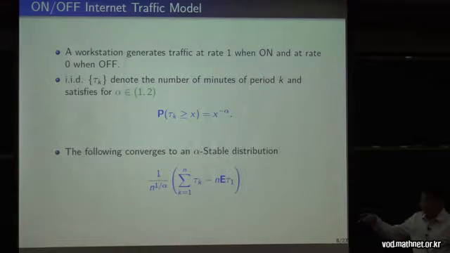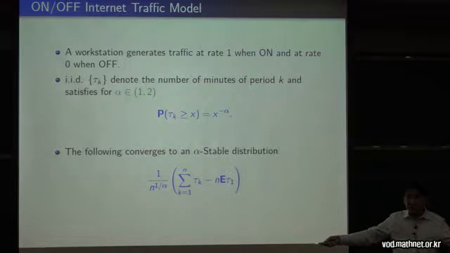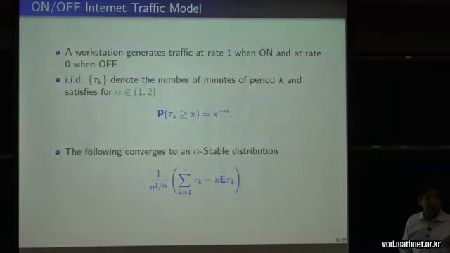So if we sum up the times that you're using this computer and we properly normalize, then this should converge to a stable law. In fact, if you sum this up, subtract the mean, and divide by n to the 1 over alpha, then this converges to a stable law.